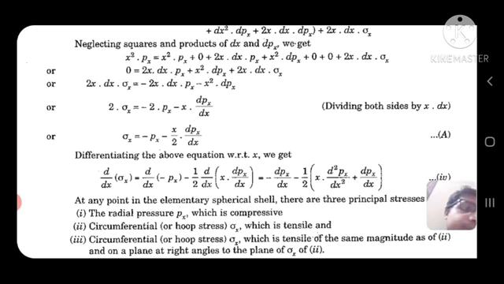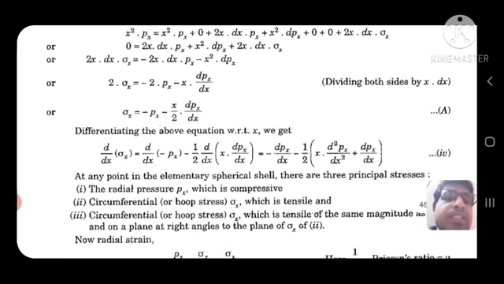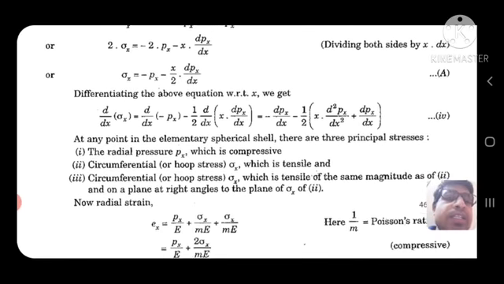Now 2 sigma x is equal to minus 2 px minus x dpx by dx. Sigma x is equal to minus px minus x by 2 dpx by dx.